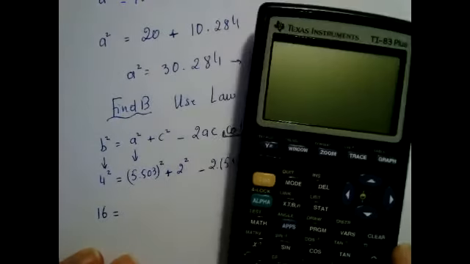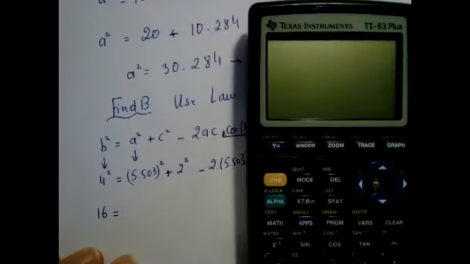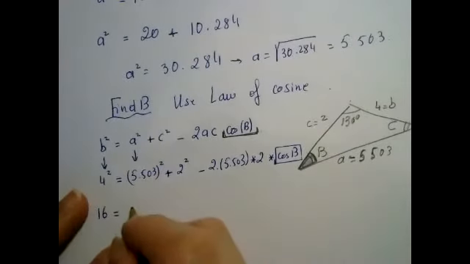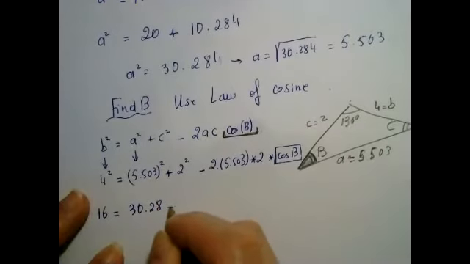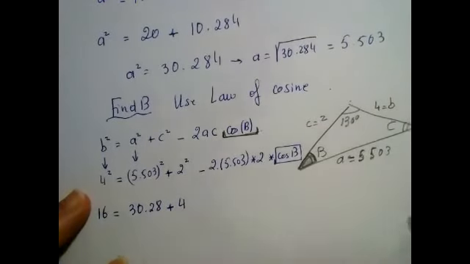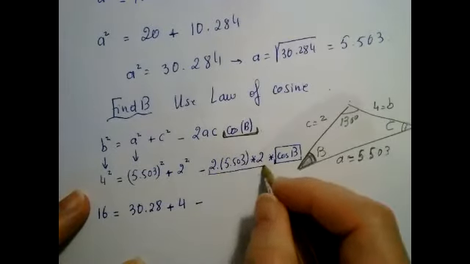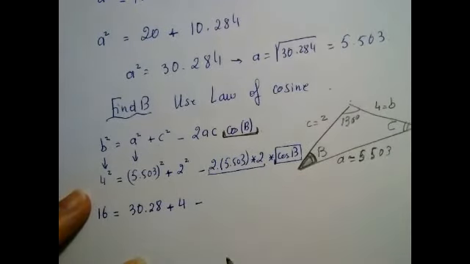So we're going to do all this using our calculator. So I will get 5.503 squared, which is going to be 30.28 plus 4 minus. I have to multiply those by each other so I can isolate the cosine.